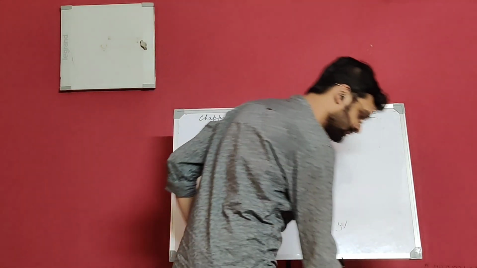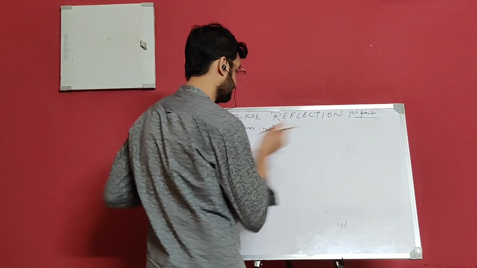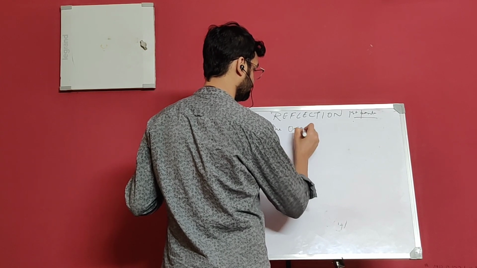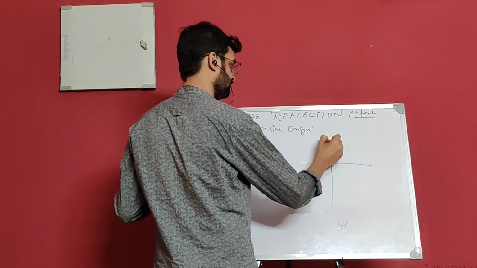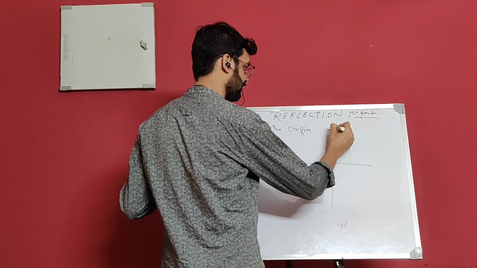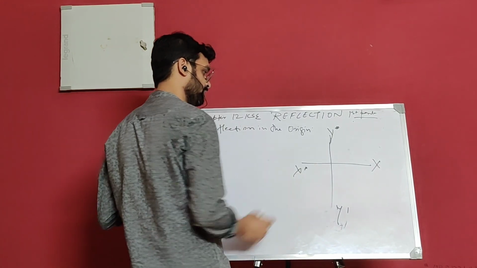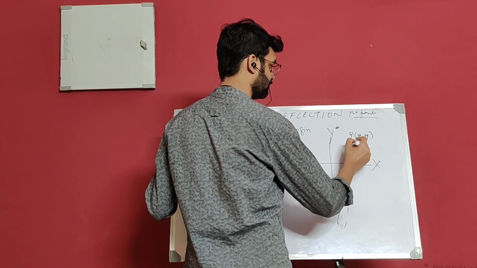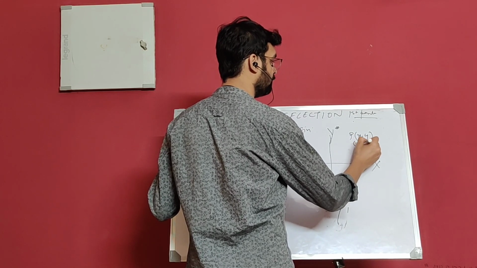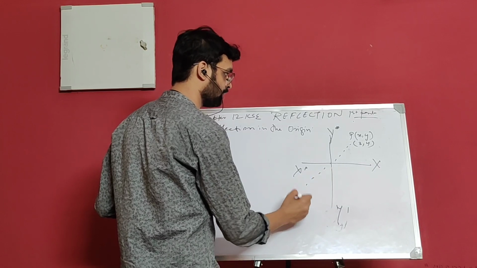Now reflection in the origin. If someone is telling to reflect in the origin, see, this is a graph itself. This is y, this is y dash, x dash. So if P value is x comma y, I will take again 3 comma 4. So my value in the origin will be here. It should come around here.